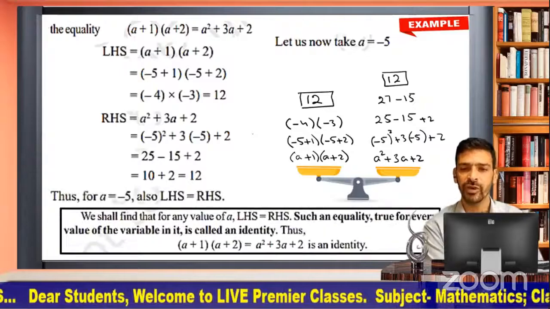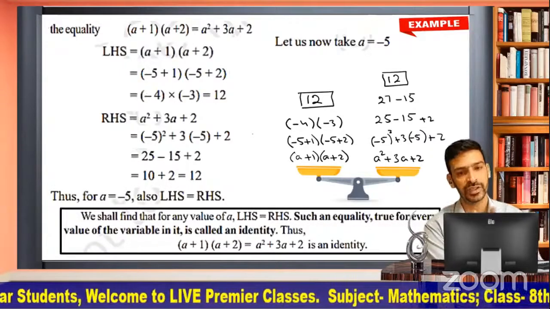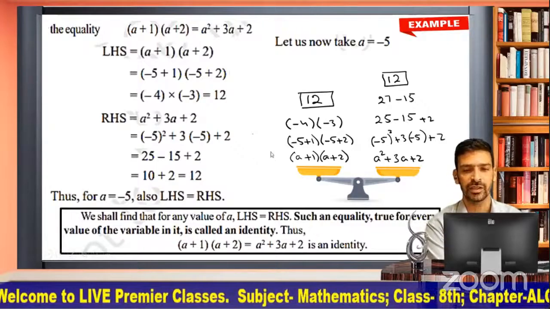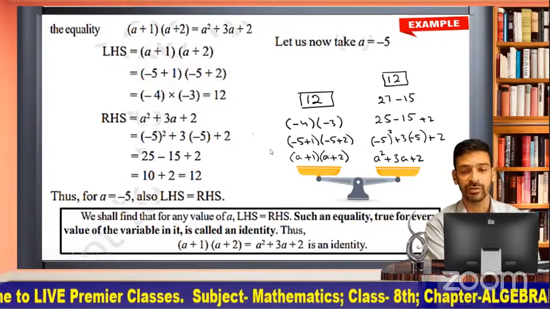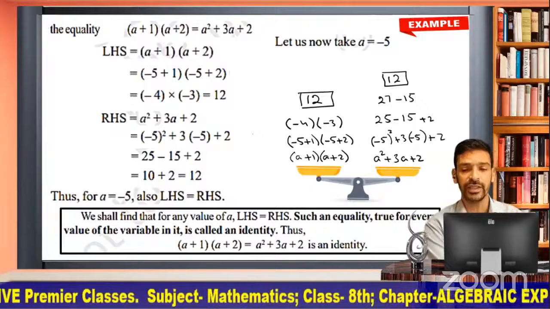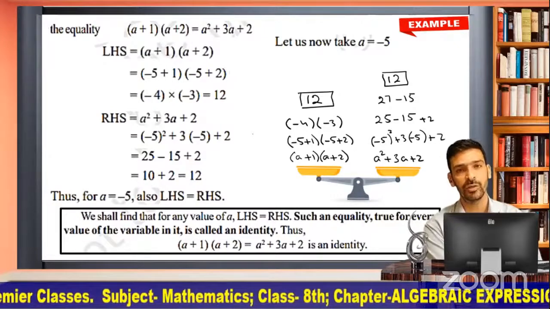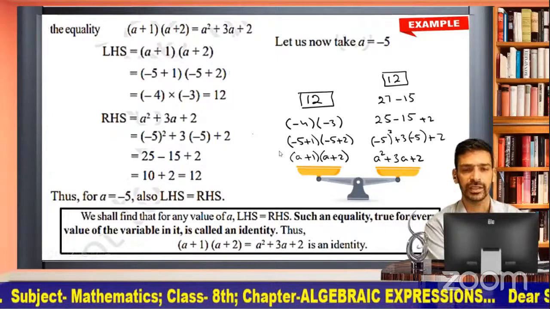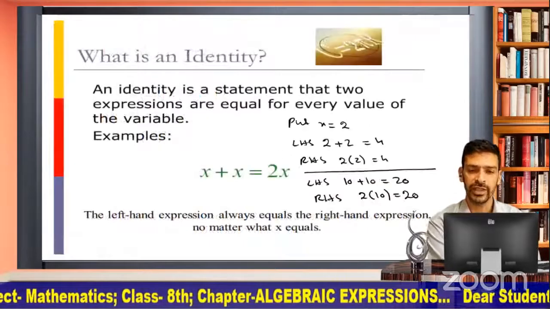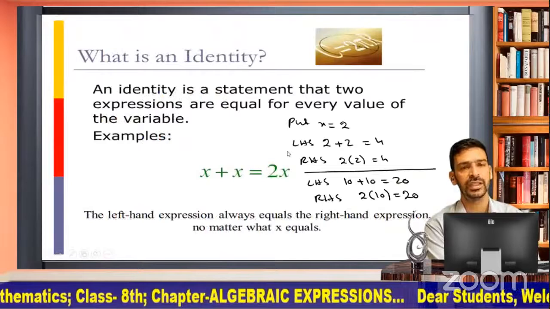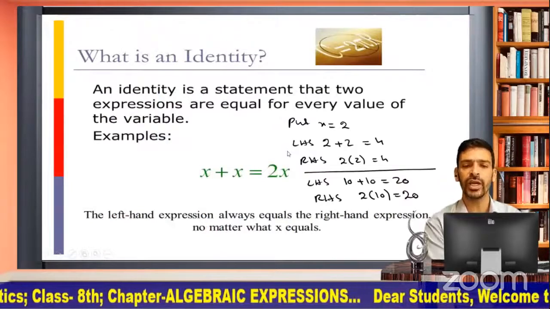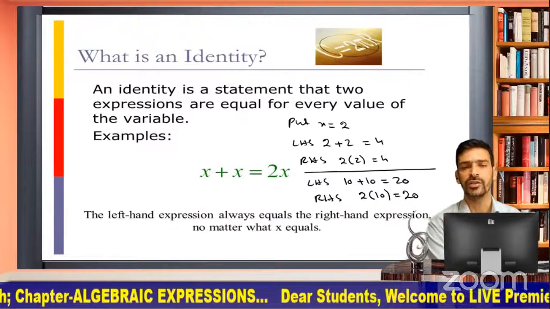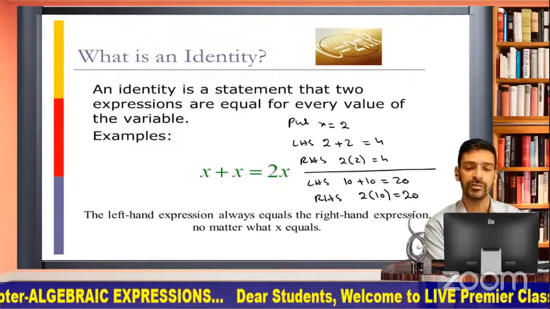We solved it for -5, the same equality, and we found LHS does not equal RHS. Here we came to the conclusion that an equality where, taking any value of the variable, LHS and RHS become equal, that is an identity. So the first definition of identity we saw is that it is a statement that two expressions are equal for every value of the variable.